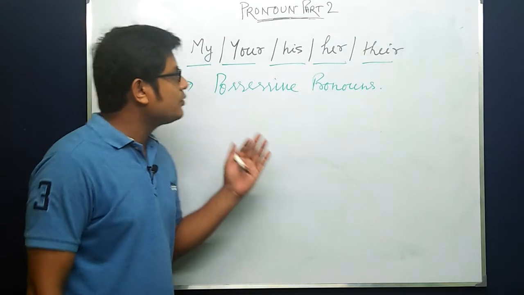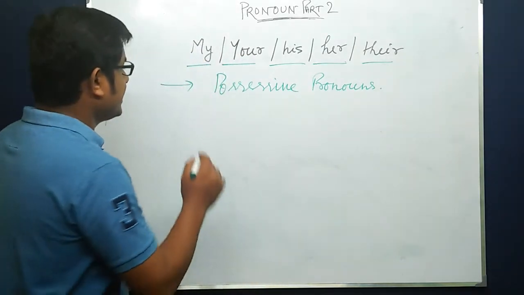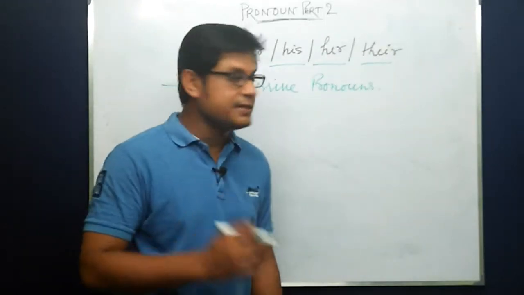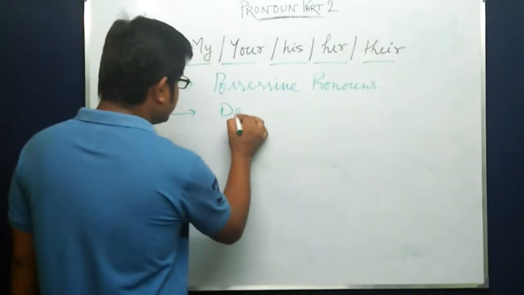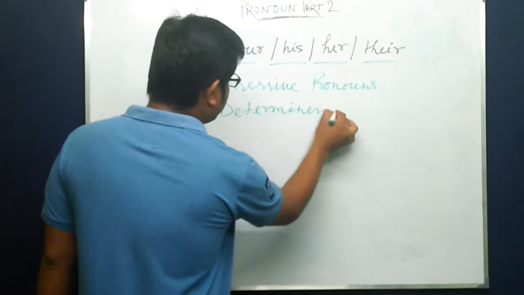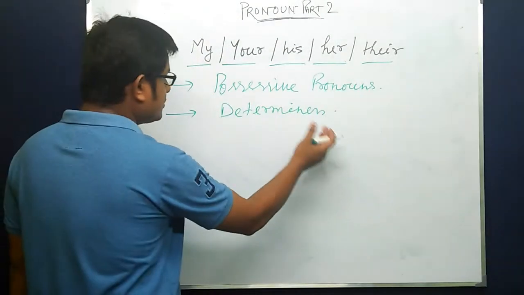So you have to know how to use them in the sentence. First of all, as I said, these are possessive pronouns, and at the same time these words are used as determiners.